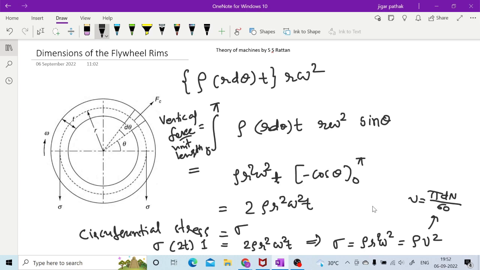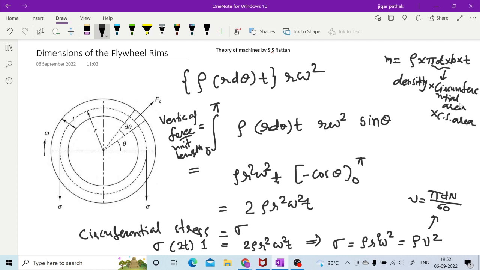And if you write the mass of the whole flywheel, then it can be rho into pi d into the cross-sectional area. So it means this density into this circumference, that is pi d, into cross-sectional area, right?